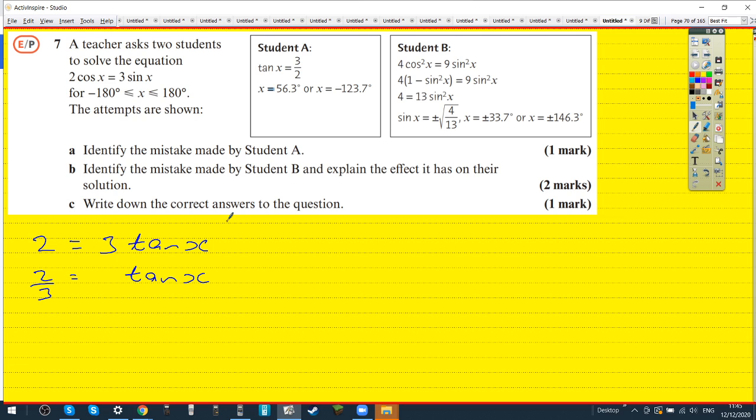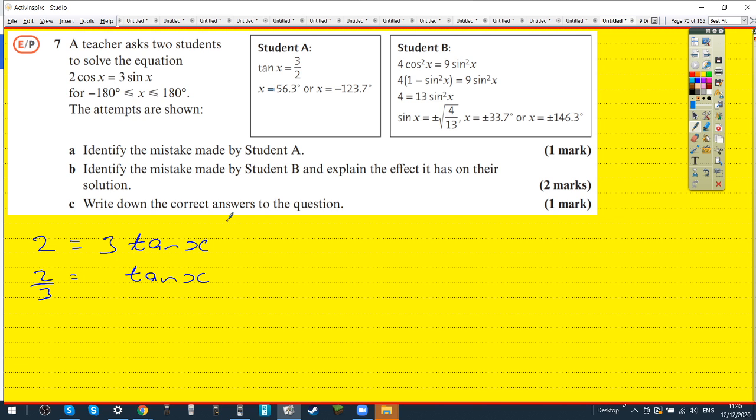Any idea what that's about? Could you still divide by cos squared x? Would that still work? Well, what did he do?